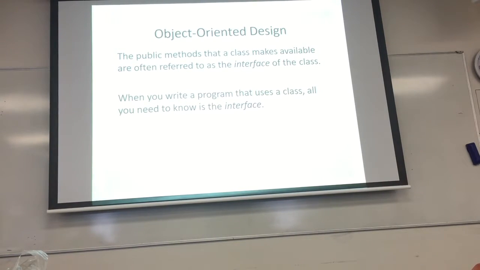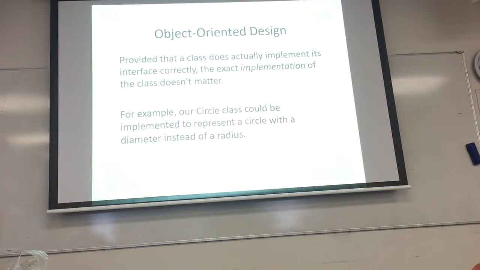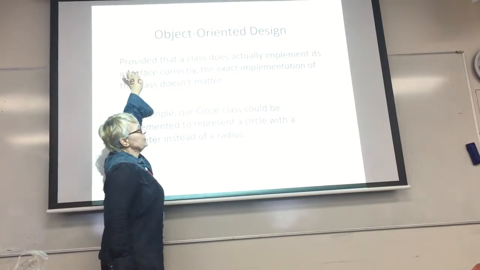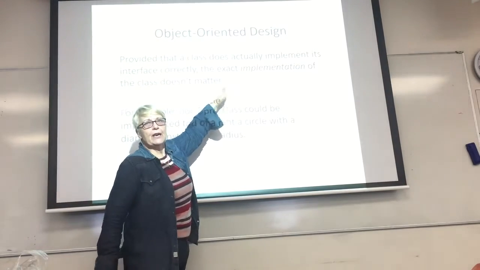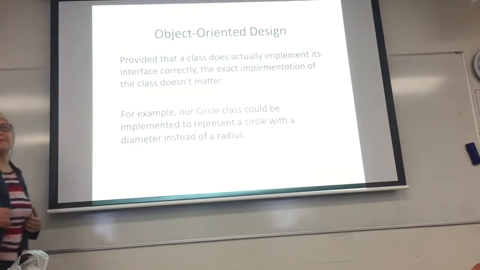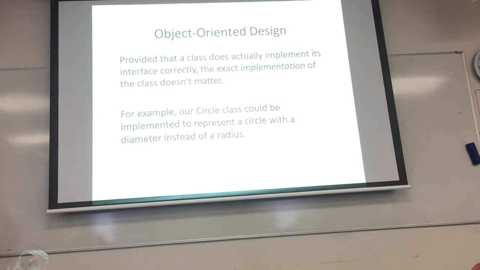So that public part will be available, public interface in some form, it will be available to the user. Now we will see that as long as the interface doesn't change, we can fiddle with the implementation as we like.